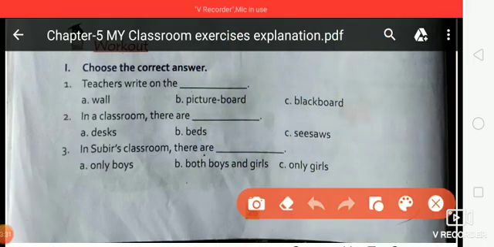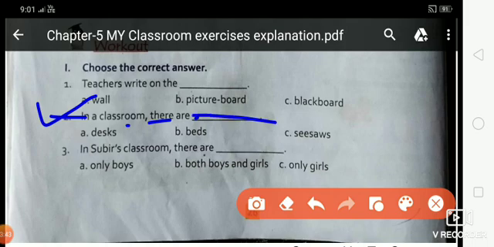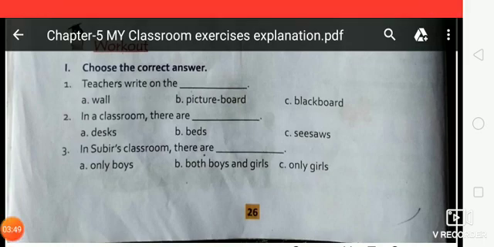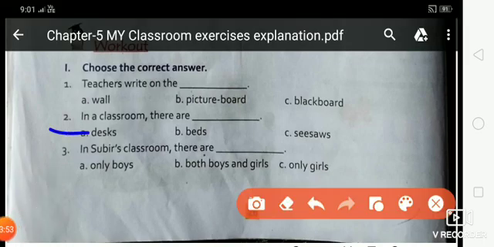Now students, move on to the second question: in a classroom there are dash. Now you have to choose the correct answer and write it here. Three options are given. Option A is desks, option B is beds, option C is shishas.